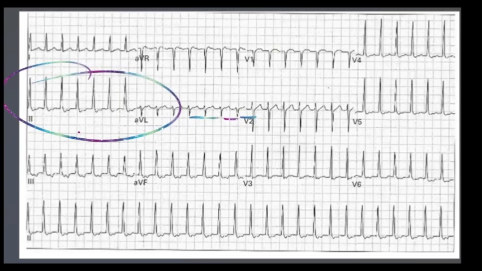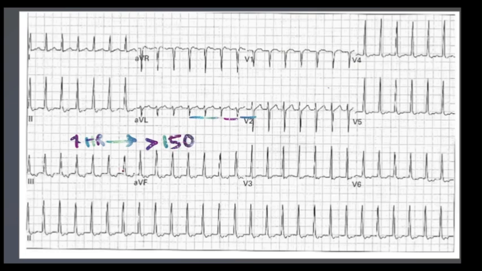So basically, if you get a high heart rate, let's say more than 150, it is going towards the region of arrhythmia.